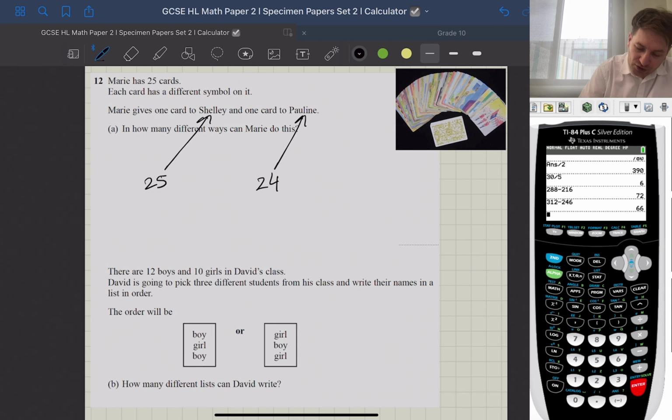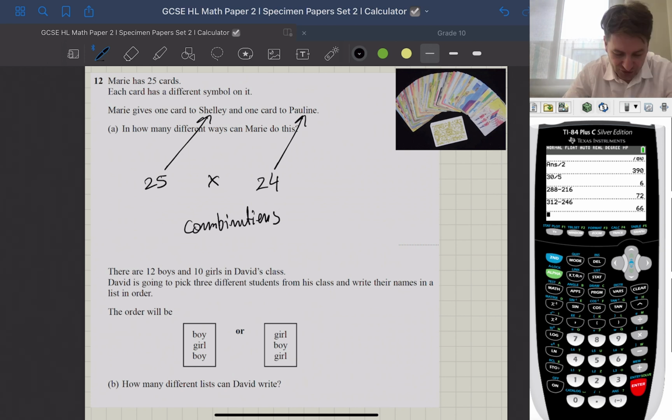So multiplying those two, those are the combinations. There's 25 possibilities there, and 24 possibilities for the other one, so you're going to have to do 25 times 24, which is 600.